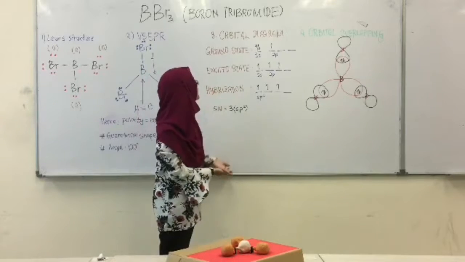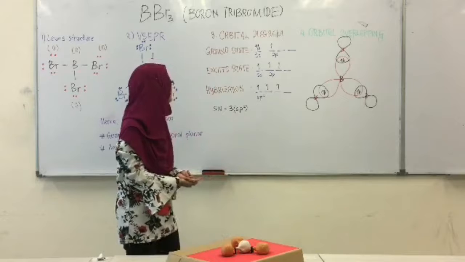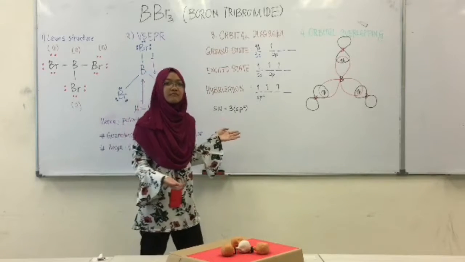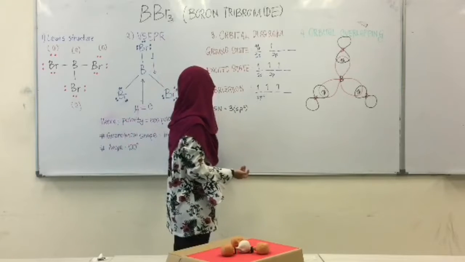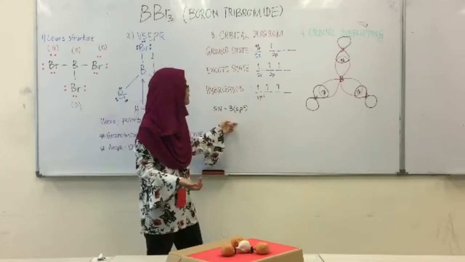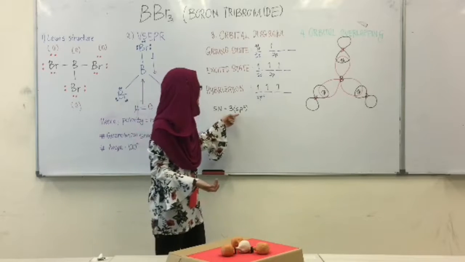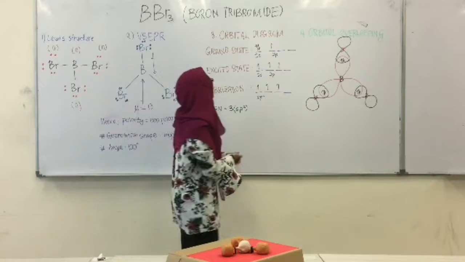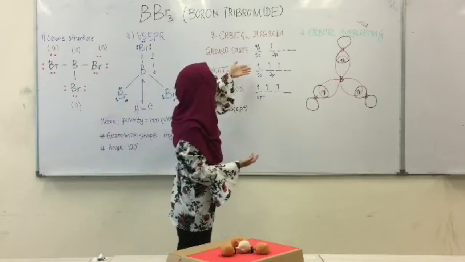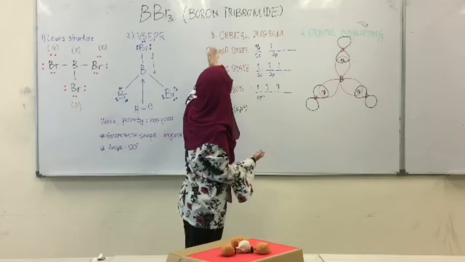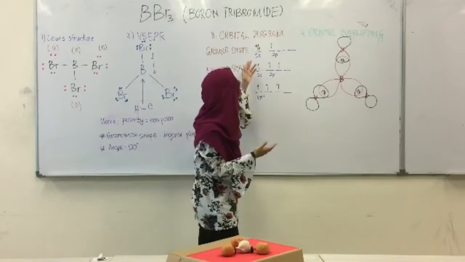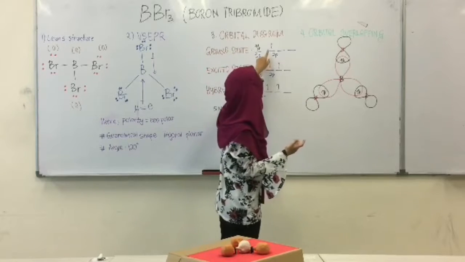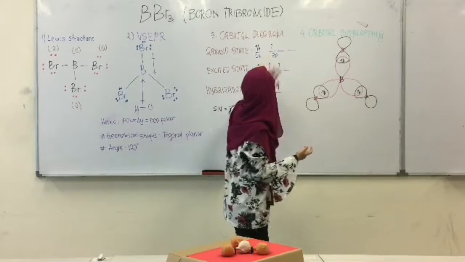Okay, this is the orbital diagram for boron tribromide. First, we determine its steric number. It has 3 because there are 3 sigma bonds, and sp2 because it has s and 2 p. This is the ground state for boron atom only, which is 2 electrons at the s orbital and 1 electron at the p orbital.